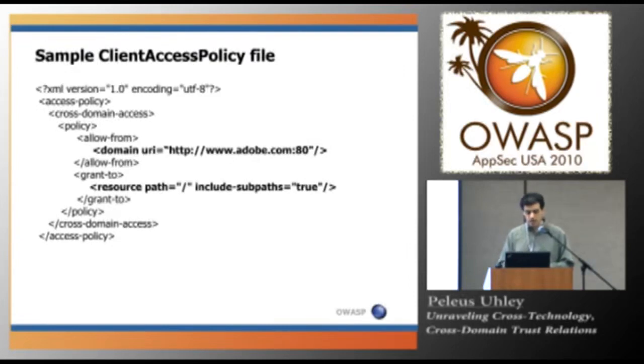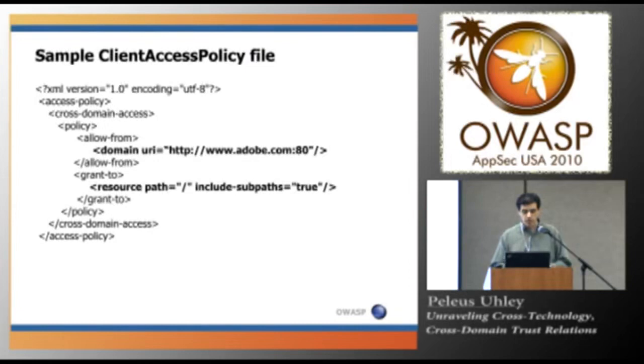So here, the resource path I'm making available is /, and I do include subpaths within that. So fundamentally, it's very similar, but the semantics of the XML policy file is slightly different.